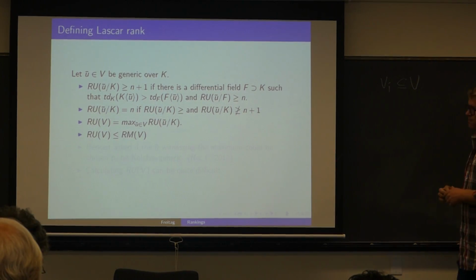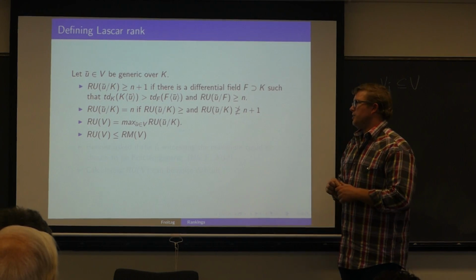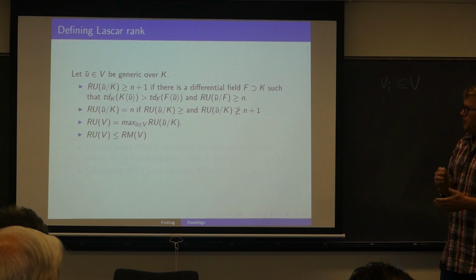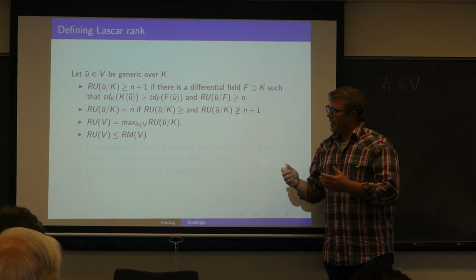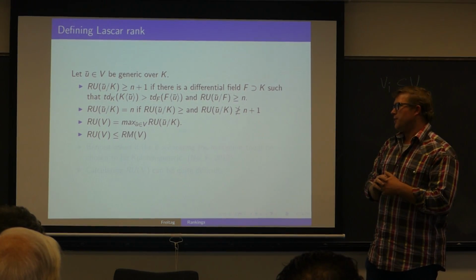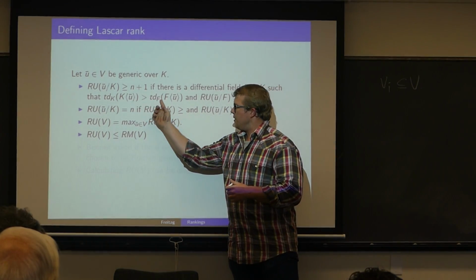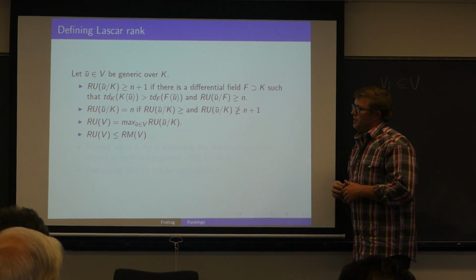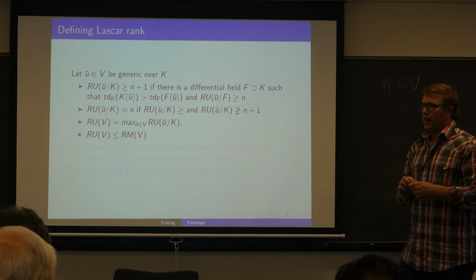And it's true in general that the U rank of V is bounded by the Morley rank of V. So a way to think about the U rank, if you want to think instead about subvarieties rather than extending the field, is that as soon as you have something like this happening, what it really means is that u bar satisfies some additional differential equations over F that it didn't satisfy over K.